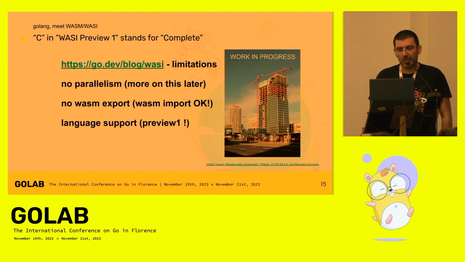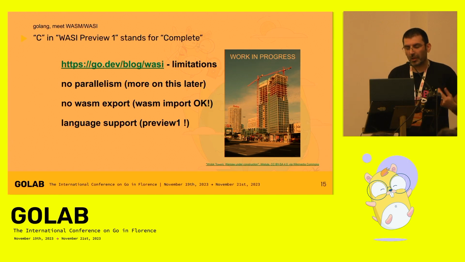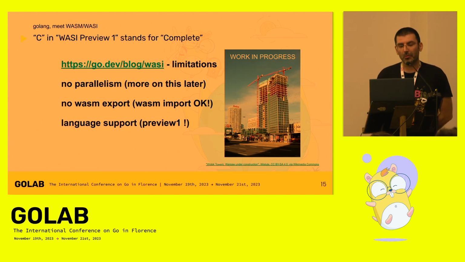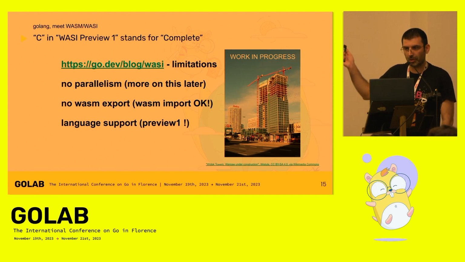And all of that is not really surprising if, again, we take into account that we are talking about preview 1. So there are limitations in the implementation. The most important limitations are actually listed in the Go blog, which explains the addition of Go 1.21.